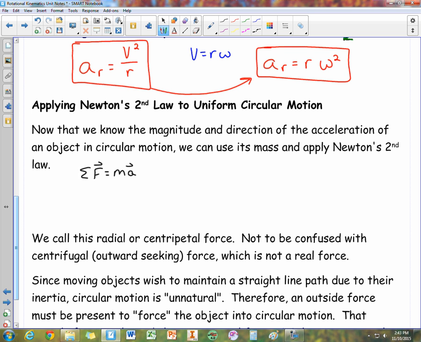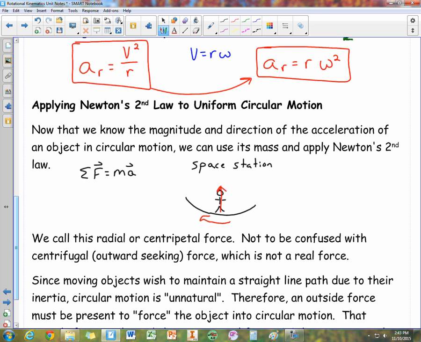But for our space station problem, for the person standing in the space station, if you think about it, there is only one force acting on them. It's this force that is maintaining circular motion.